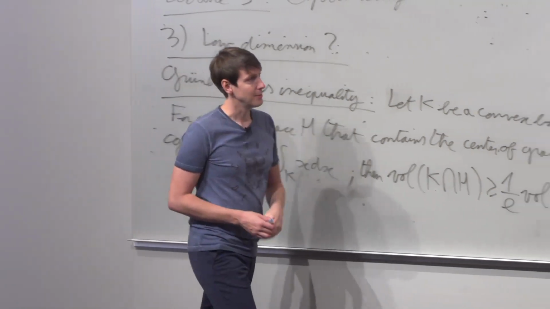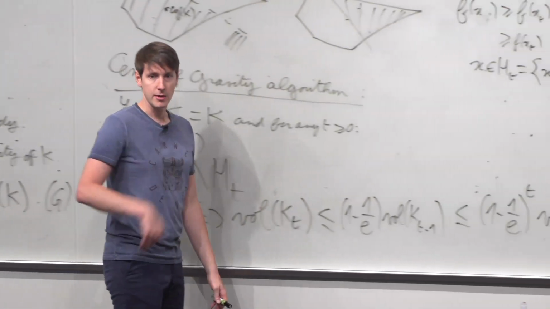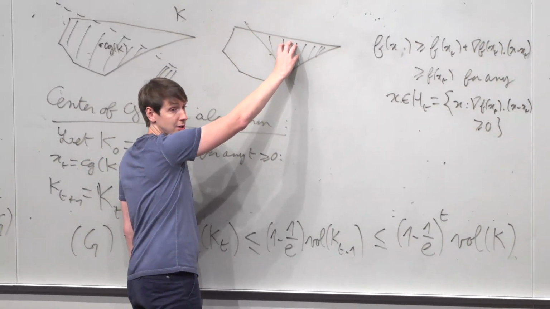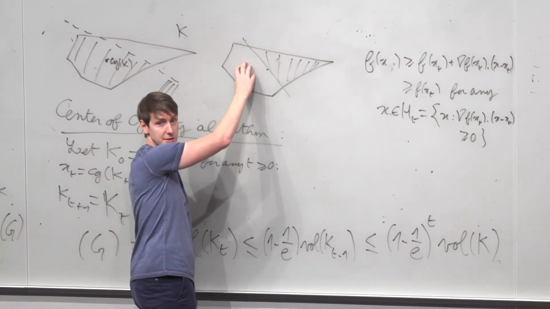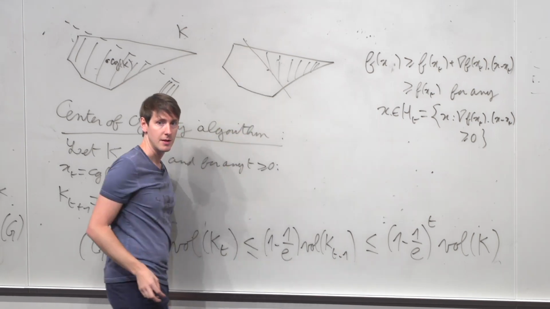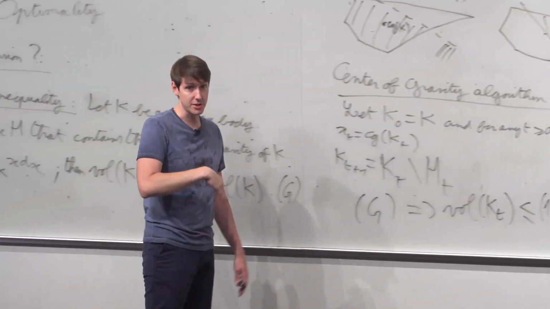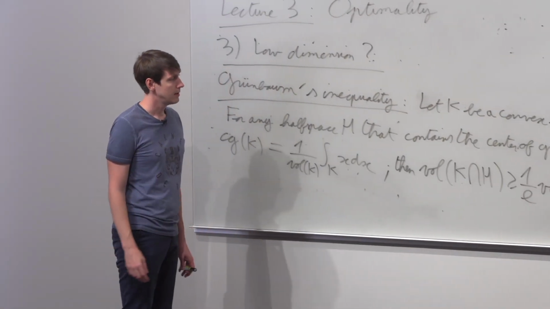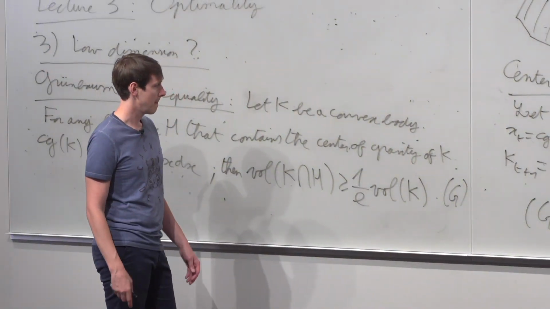Say Grunbaum is true with constant C. This has to contain fraction C, and this one has to contain fraction C, for any H. It is indeed surprising, but it's surprising that you get some constant at all.